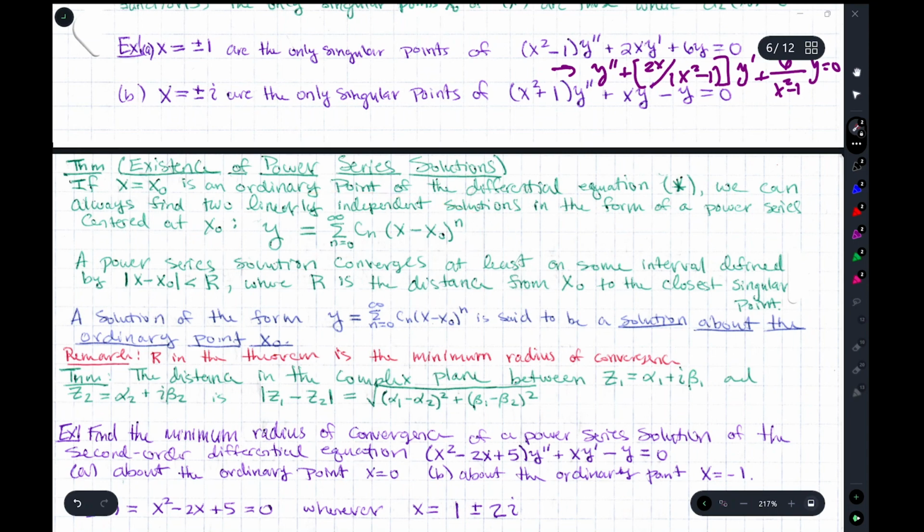So that's an important existence theorem. A solution such as we see here is said to be a solution about the ordinary point x naught.